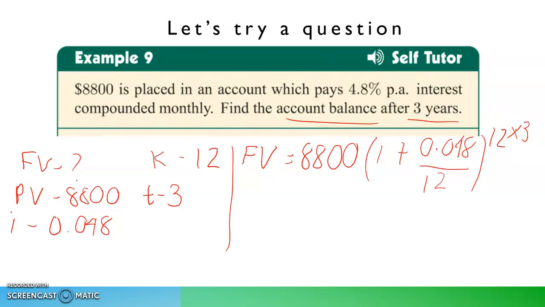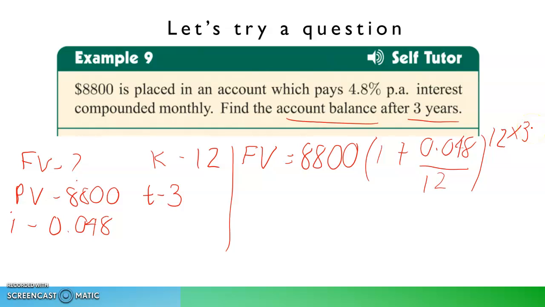I just want to quickly mention here that what this does is split that per annum interest rate over 12 months. So you still only get 4.8% interest per annum, but it's compounded monthly, not quarterly. So it's compounded 12 times a year. So it just splits this 0.048 over 12 months. And the number of times it's compounded is going to be 12 times per year over 3 years.